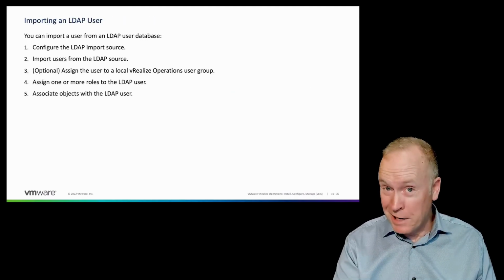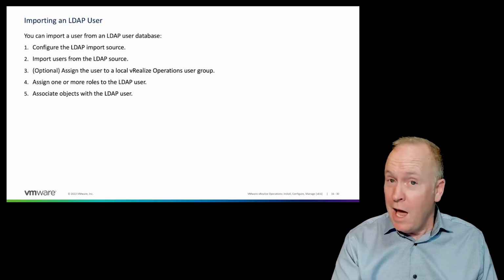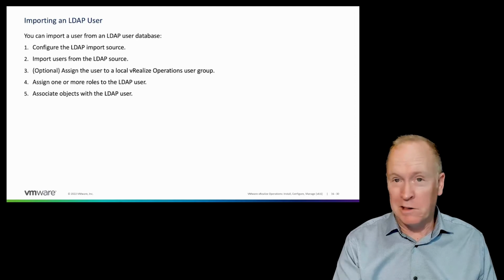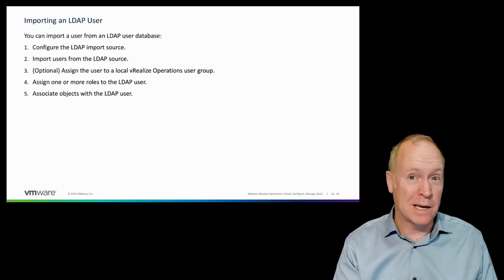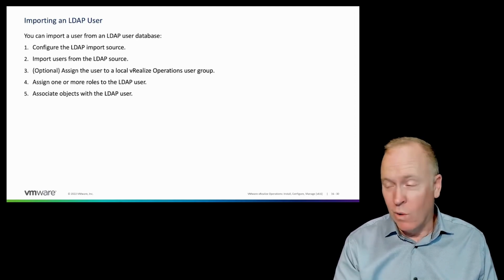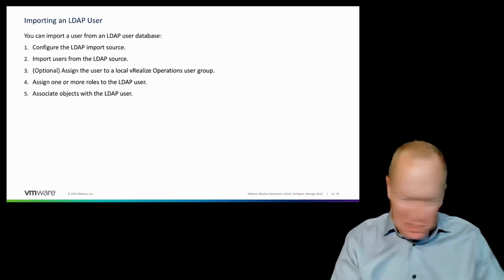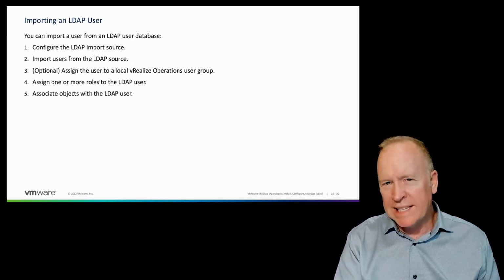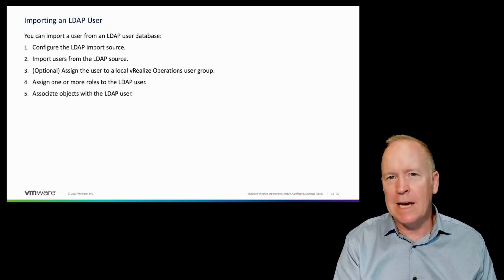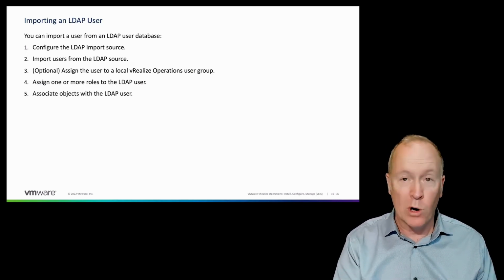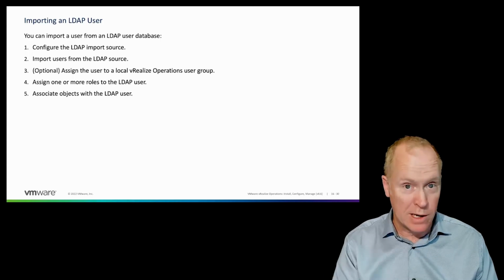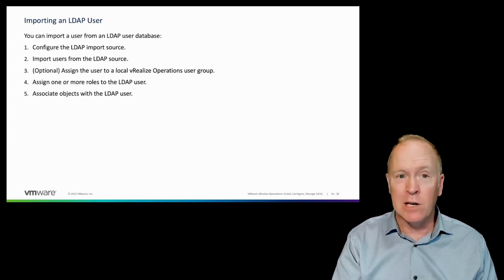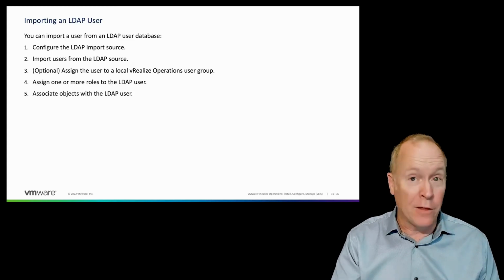I'm going to make a suggestion right now. I suggest you go take a break. Maybe go get yourself a beverage, maybe go take a walk around the block, or maybe at a minimum, just shake your brain cells loose. Because in the preceding slides, we've been discussing how to work with local users. What we're about to do in these slides coming up is to talk about the other types of users.